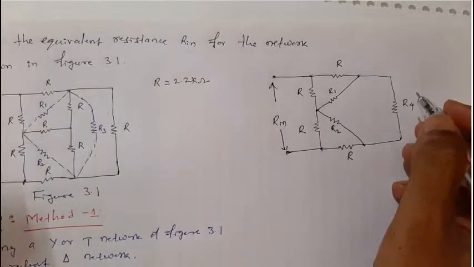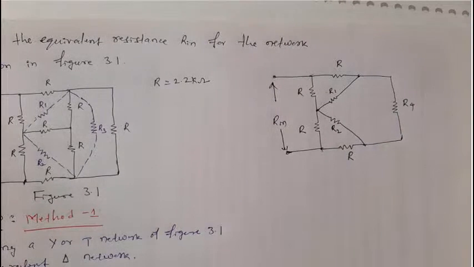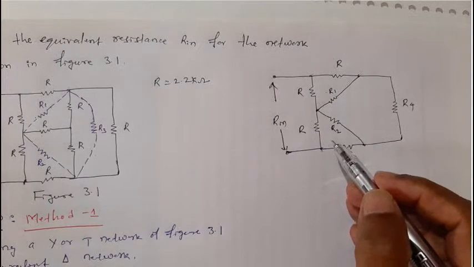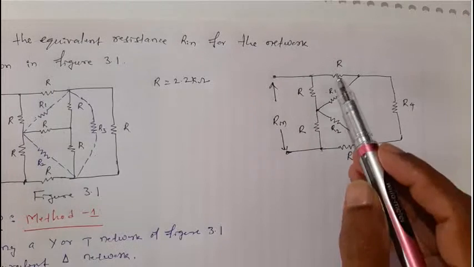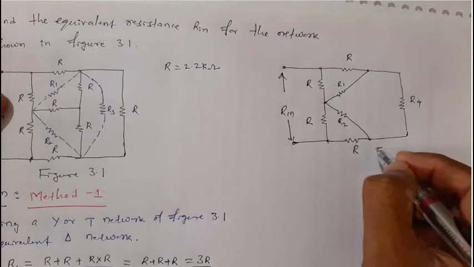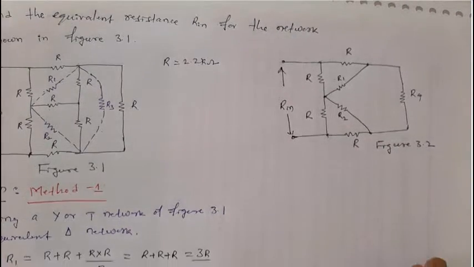So now, very important, dear students, this network has to be converted further. Because here we have one delta network, here another delta network, I simply convert these two delta networks to an equivalent. For this figure I call it figure 3.2, right?